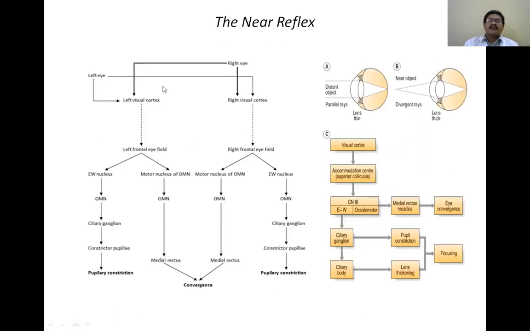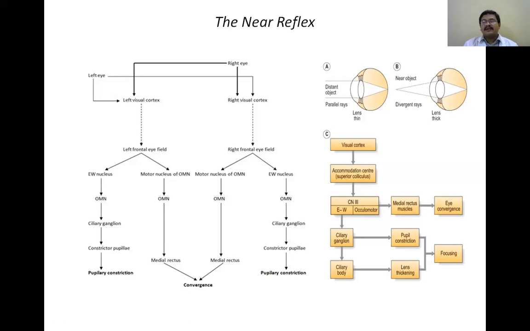This is the pathway: from the visual cortex, the response goes to the frontal eye field, then to the Edinger-Westphal nucleus, and the oculomotor ciliary ganglia for pupillary constriction, and to the motor nucleus of the oculomotor nerve. From there, it goes to the medial rectus of both eyes, causing convergence, and the Edinger-Westphal nucleus to the ciliary ganglia for pupillary constriction. This is how the near response works.